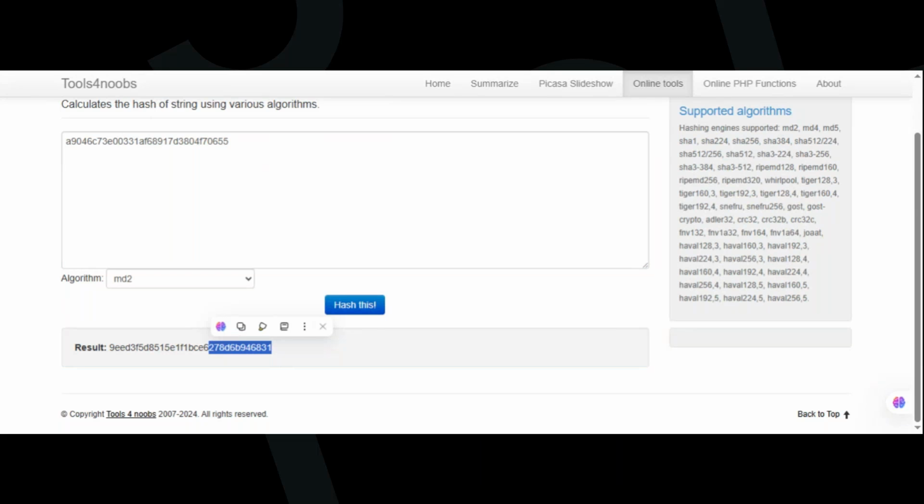Now, see how hashing is maintaining the integrity there. Let me just show you.